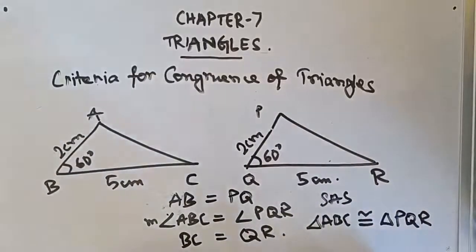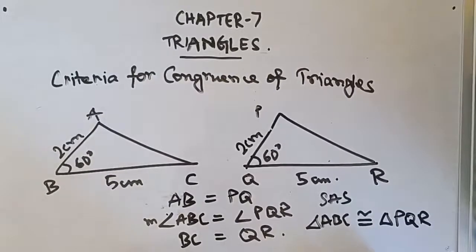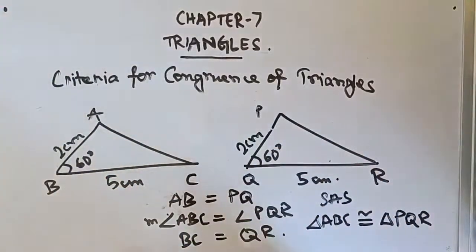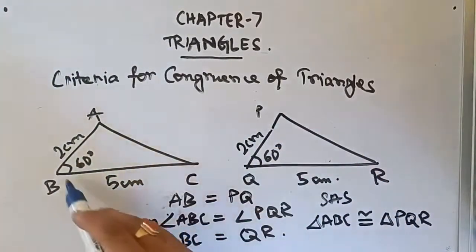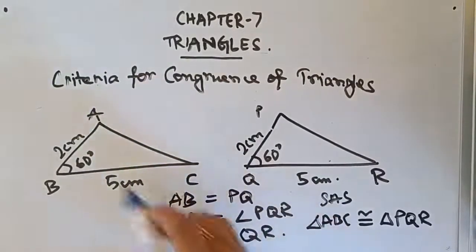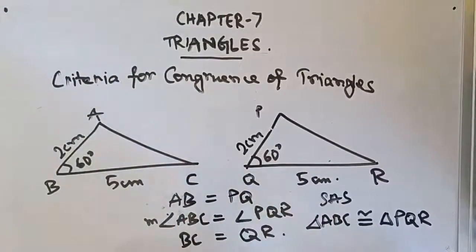So according to SAS rule, two triangles are congruent if the corresponding two sides of the given two triangles are equal, and also the included angle formed by the two equal sides is of equal measure. Then the two triangles are congruent to each other.